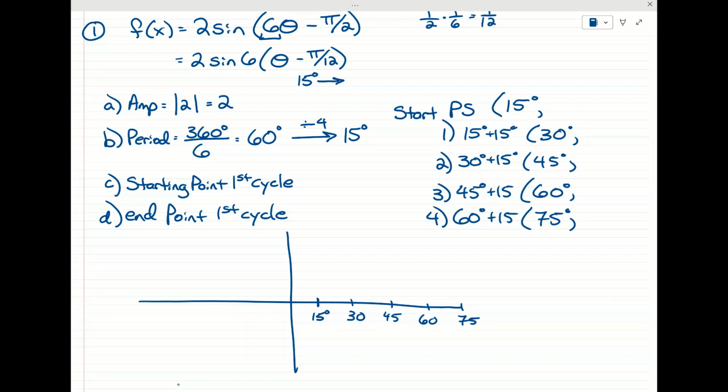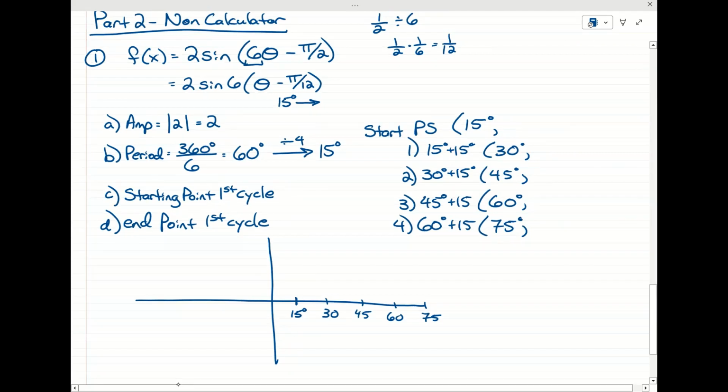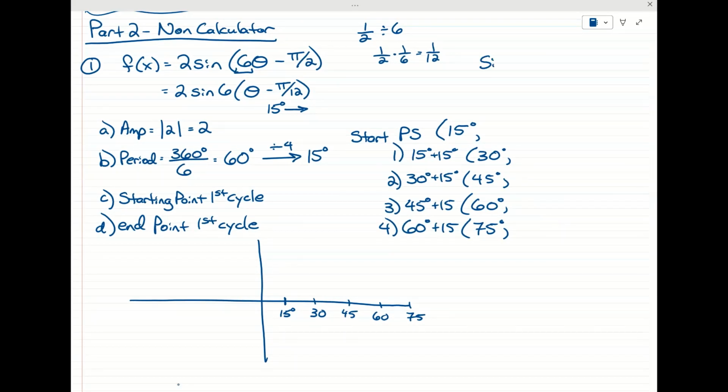And remember what the graph of sine looks like. It starts off looking like an S for sine, and then it goes down and back up. So we have 4 points we could use. First point is 0, then a y value of 1, then 0, then -1, and then back to 0.